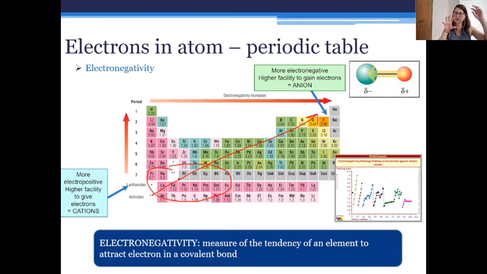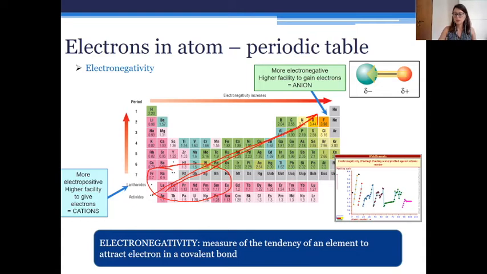Due to this shielding, the outer electrons are more able to shift and be given to other atoms. That's why in this region we have more electropositive atoms. When the number of electrons, or the number of protons, is decreasing in our atoms, the atom becomes more electronegative. It feels more of the attraction from the nucleus.